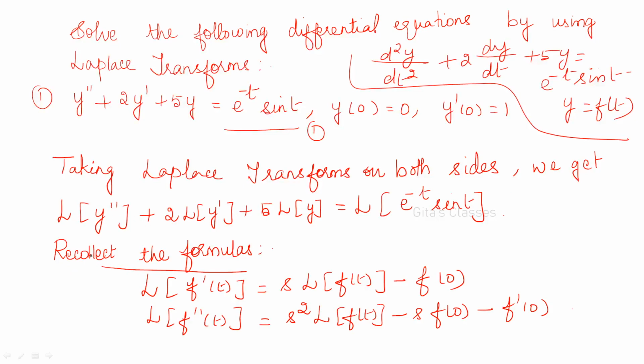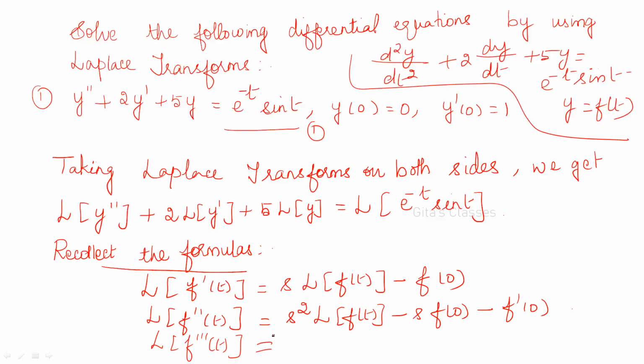Before that, you please recollect the formulas, that L of f dash of t can be written as s into L of f of t minus f of 0, and L of f double dash of t is equal to s squared into L of f of t minus s into f of 0 minus f dash of 0. And L of f triple dash of t, generally we will get up to second order differential equation only.